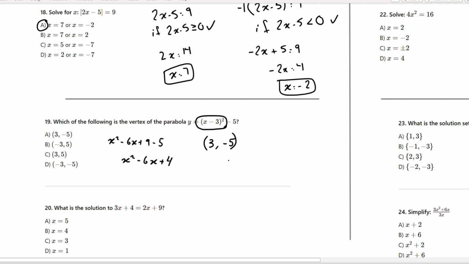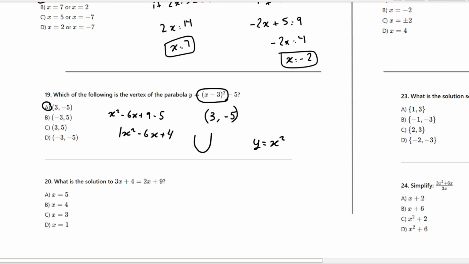Because the coefficient on the x squared term is positive 1, it would be a parabola opening upwards, just like the original y equals x squared. So the vertex of the parabola would be 3, negative 5, option A.